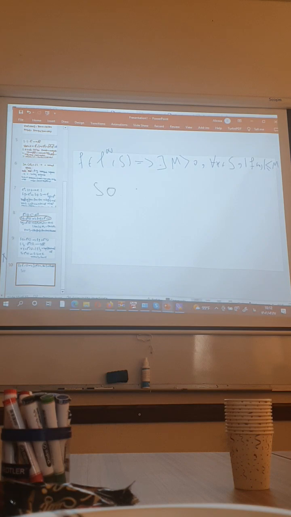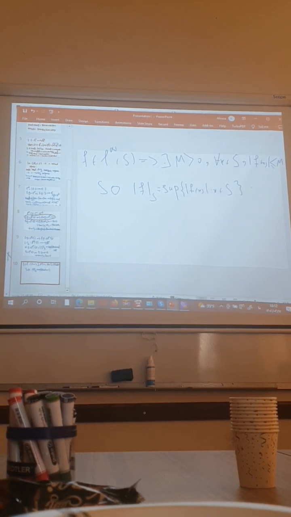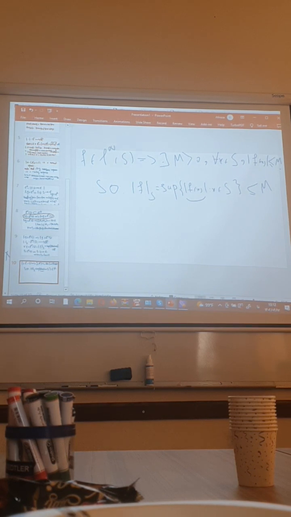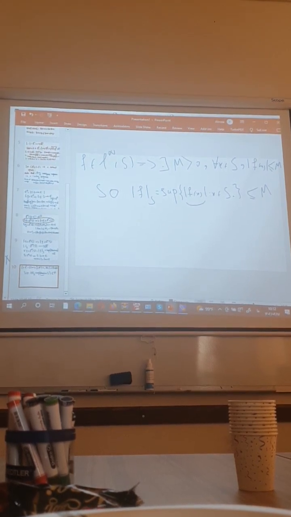So this norm, or this supremum, is less than or equal to m, because all of these are less than m, okay? f is bounded, so this supremum is not equal to infinity.